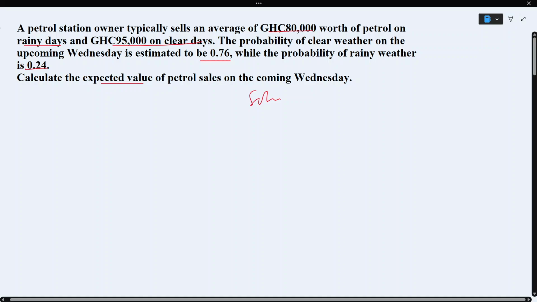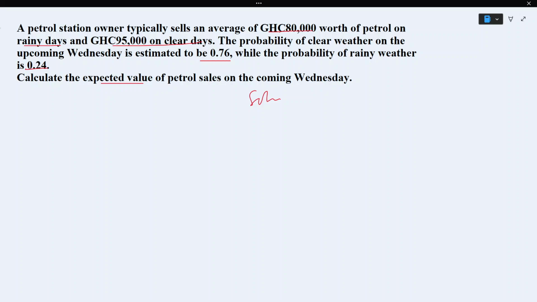So we know that sales on rainy days have 80,000.